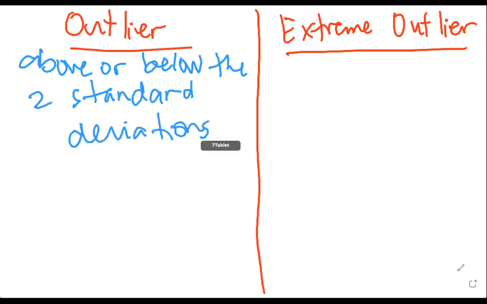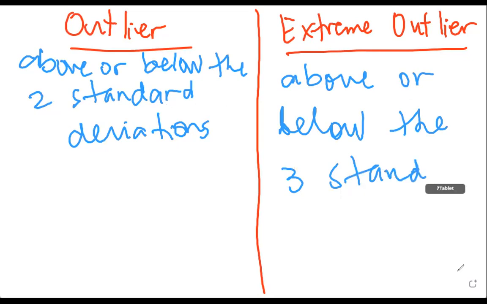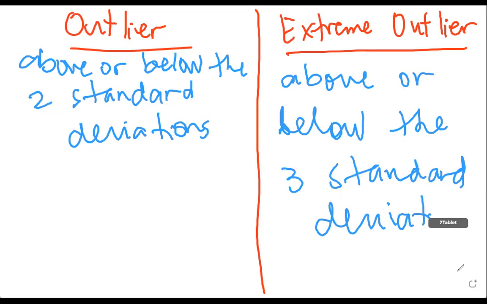Okay? Above or below the two standard deviations. Doon naman sa extreme outlier, it must be above or below the three standard deviations. Okay? So yung pinatandaan ninyo, kapag outlier lang siya, 2 standard. Kapag extreme outlier na siya, is 3 standard deviations. Okay? Easy.